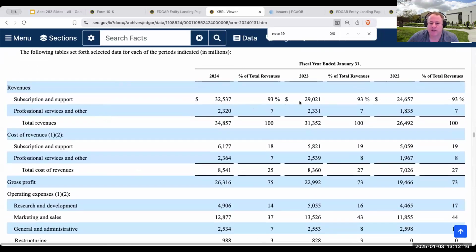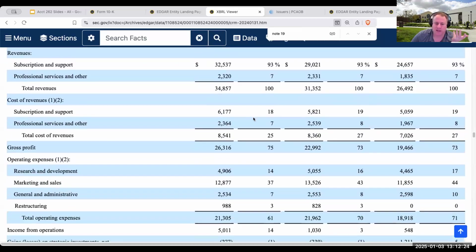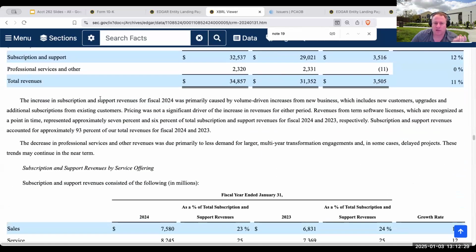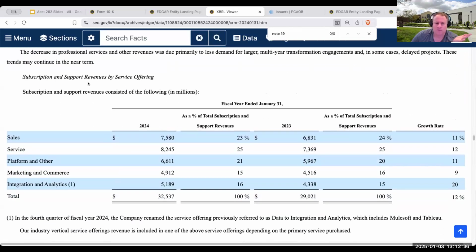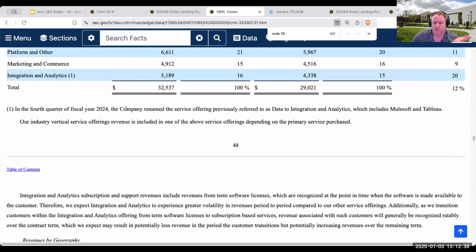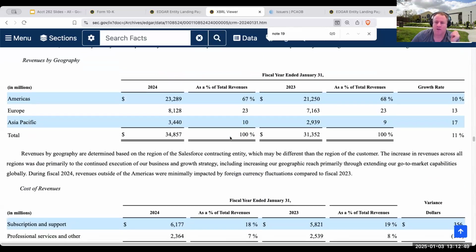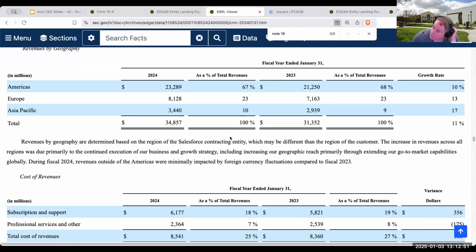As you're seeing here, subscription and support is roughly about 93% of their total revenues, which has remained consistent over the past few years. And then the increase in subscription and support revenue was primarily caused by volume-driven increases from new business. Again, when you're looking at where their revenues are coming in terms of geography, the Americas, Europe, Asia Pacific, is that going up or down?